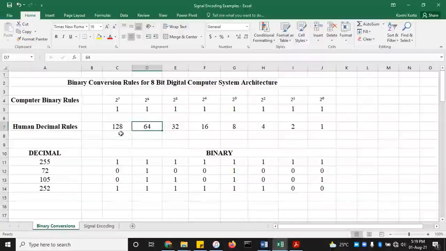128 plus 64 is 192, right? 192 plus 32 is what? 224, right? 224 plus 16 will give you what? 240, right?